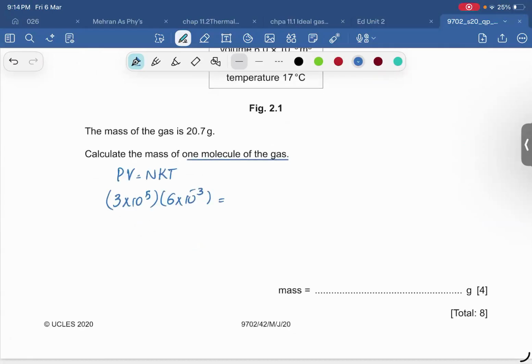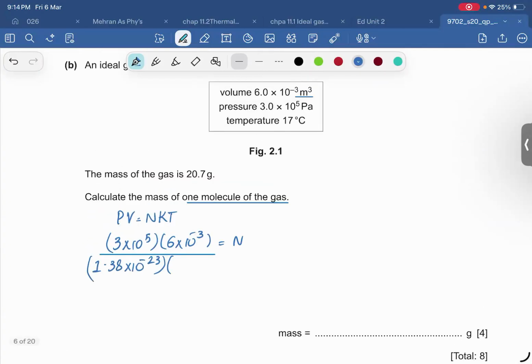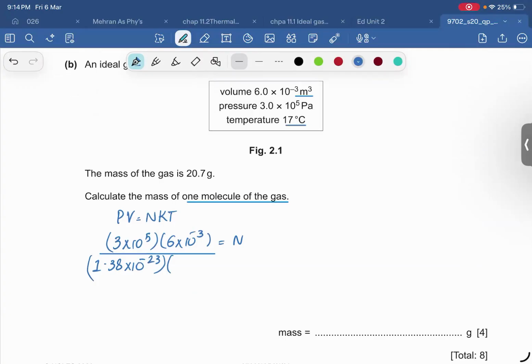Now N is the number of particles we're interested in, and k is the Boltzmann constant, 1.38 exponent negative 23. The temperature has to be in Kelvin and it is in degrees, so you have to do 273 plus 17. From this you will get the number of particles, and please always write the equation first.